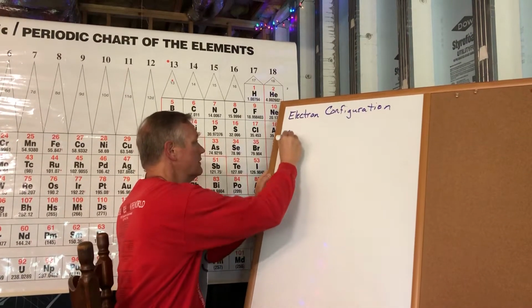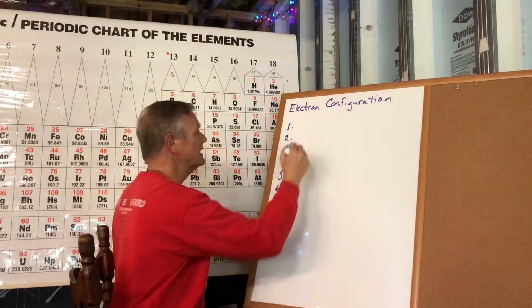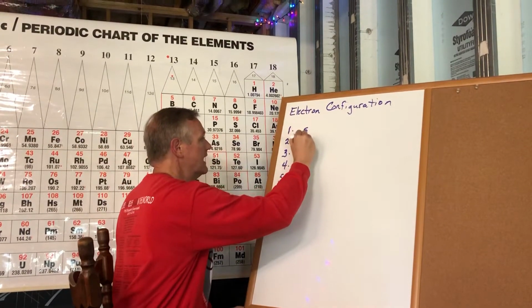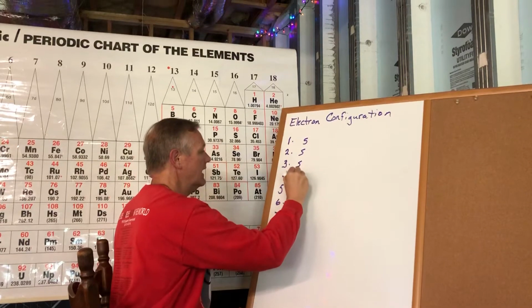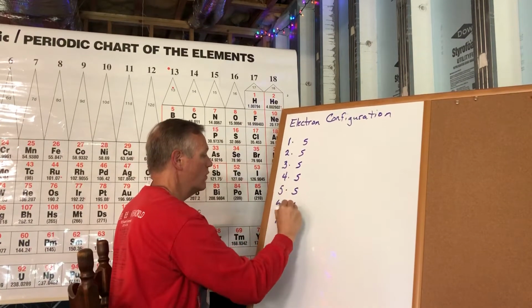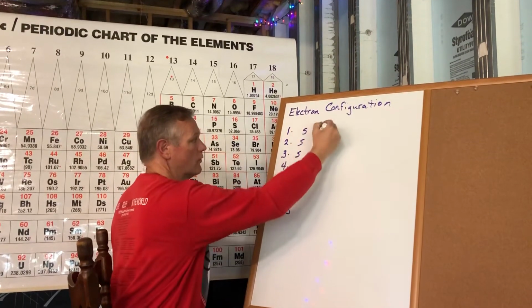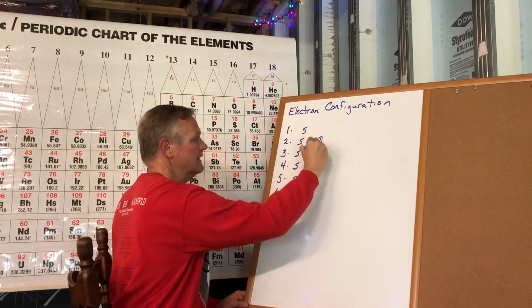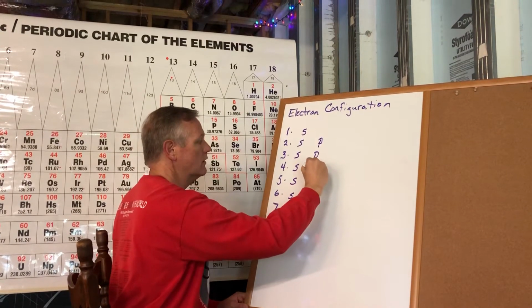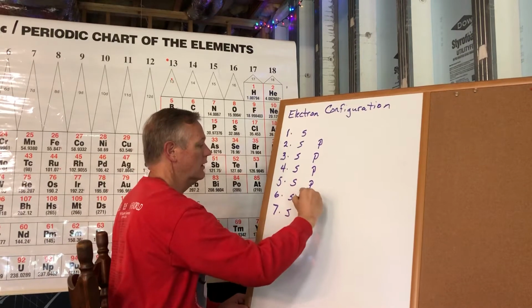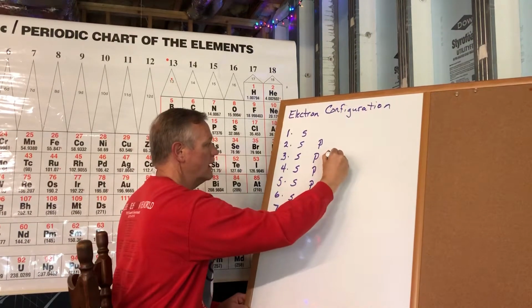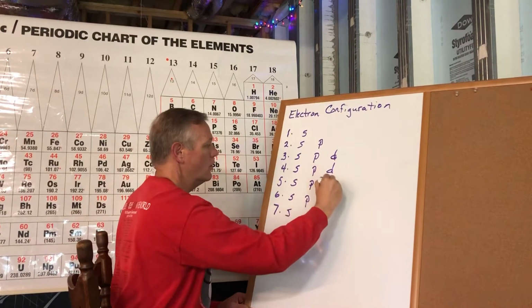So the pattern is the s orbital is the least, so everybody gets an s orbital. Then you come over 1 and down 1, and then you get a p orbital. Over 1 and down 1, a d orbital.